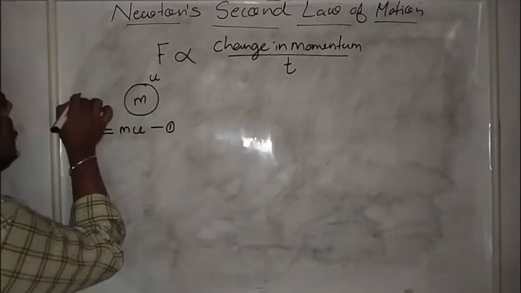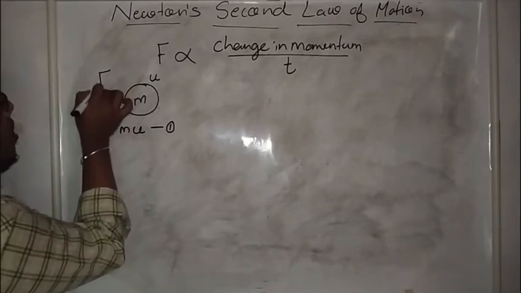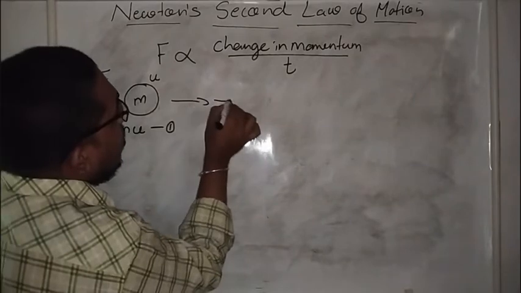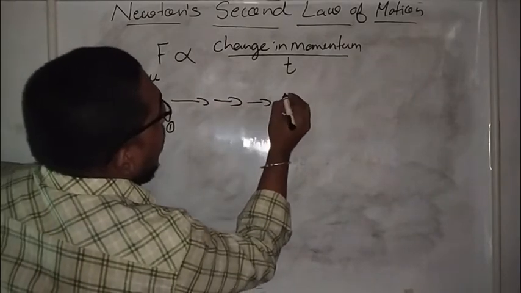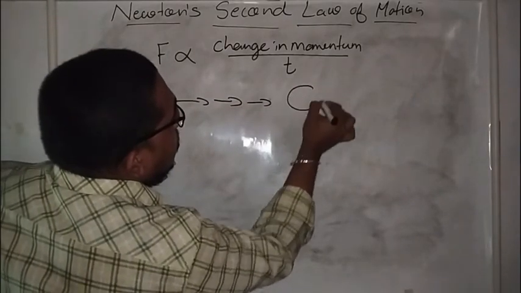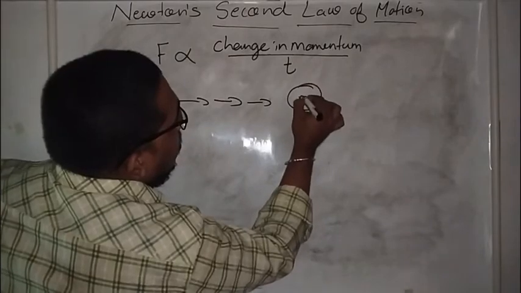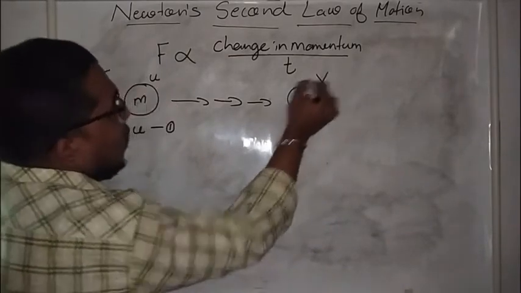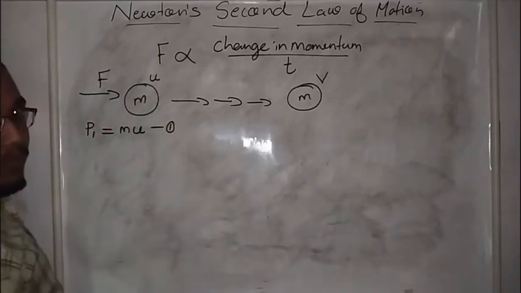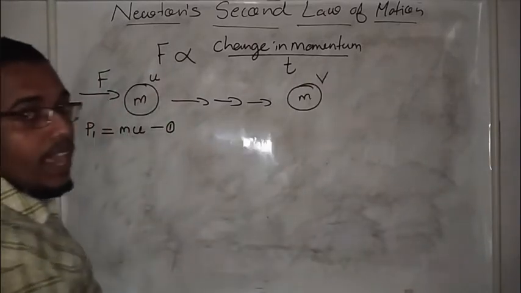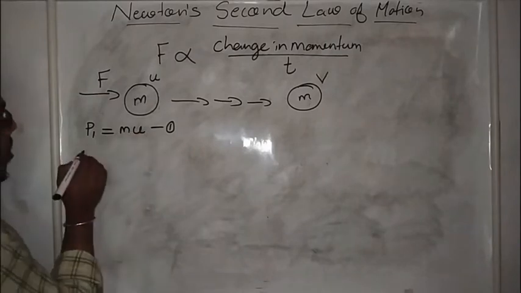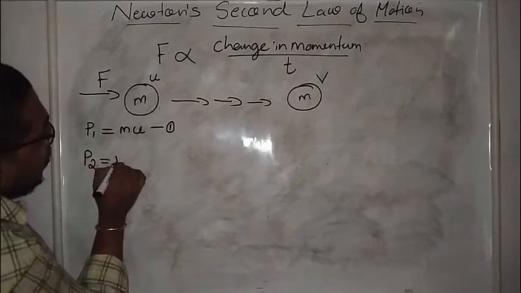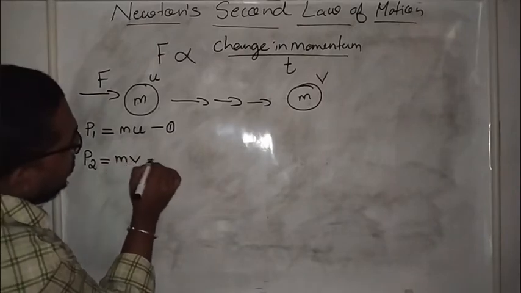Now we apply an amount of force F onto the body. As a result, the body starts moving faster and finally reaches a position with the same mass, but the velocity has changed to v from u. So v is the final velocity. Now the momentum P2 is equal to mv.